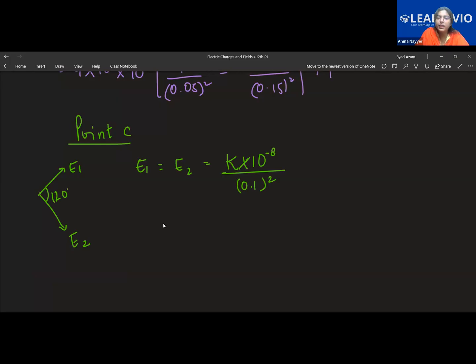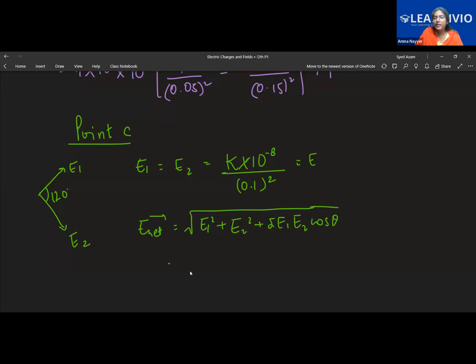Instead of writing this, let me write it as E for the calculation. So the net electric field will be given by under root E1 square plus E2 square plus 2 E1 E2 cos theta, using our parallelogram law.